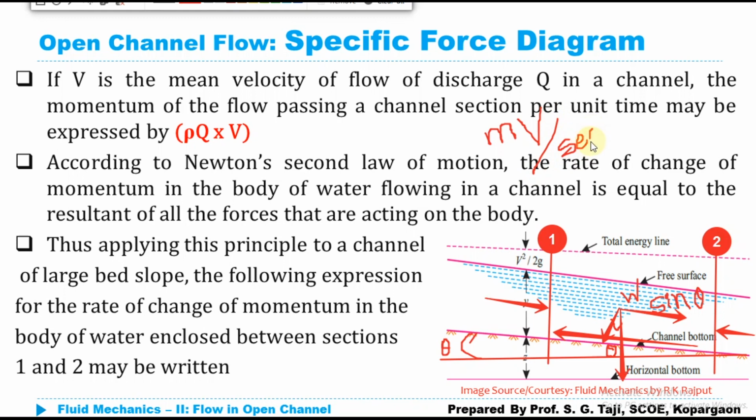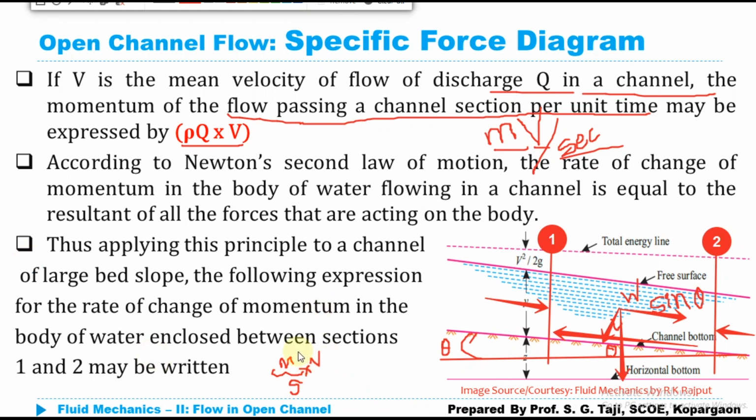So the momentum of the flow passing through a channel section per unit time, in a channel where the discharge is Q, can be given by the equation rho Q V. How does it come? It is mass per second multiplied by velocity.